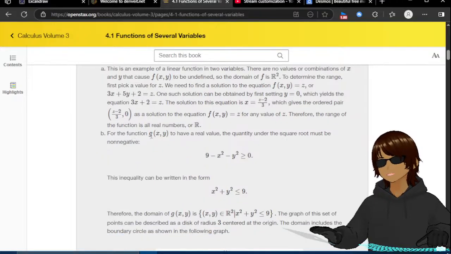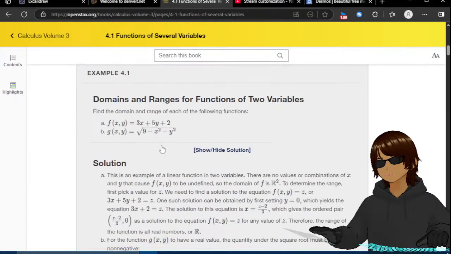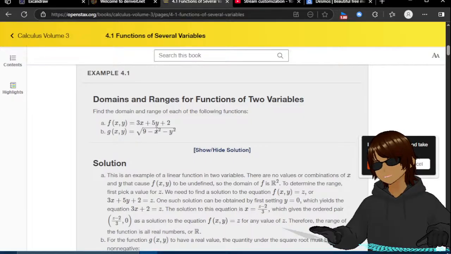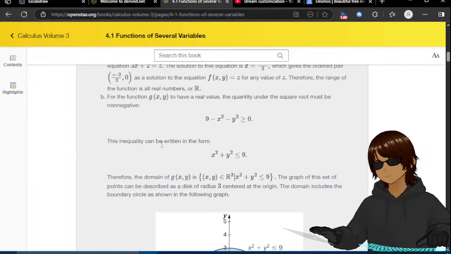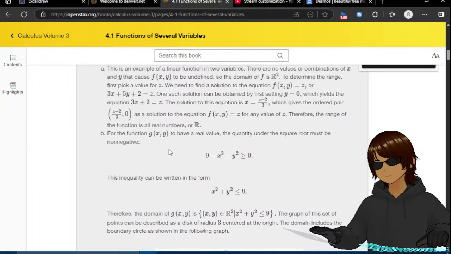For the function g of x, y to have a real value, this has to be positive, right? So x and y are any real number, and inside the square root, it has to be non-negative. The quantity under the square root must be non-negative.